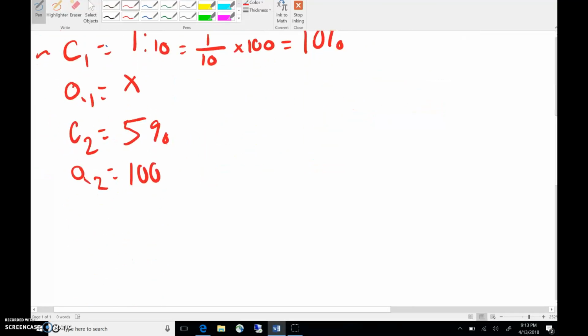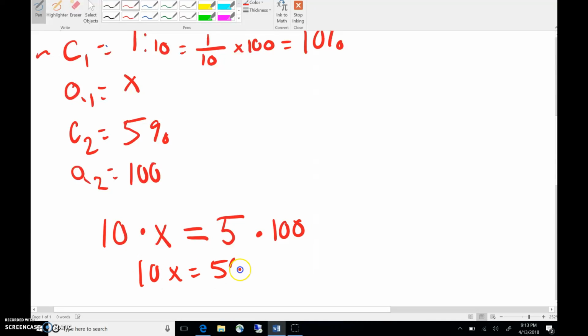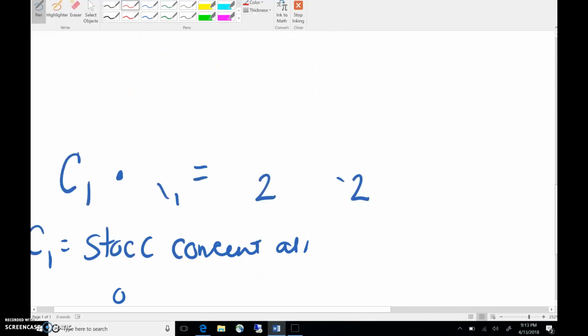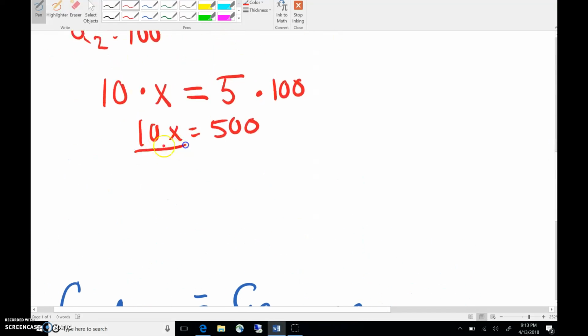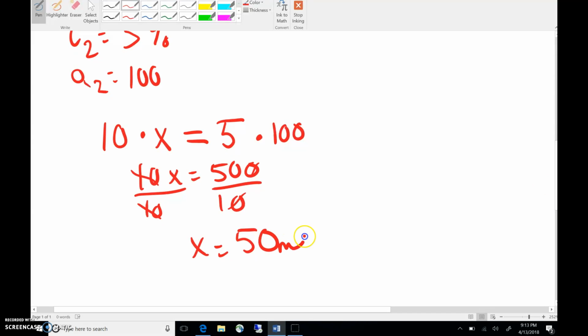Now you can solve the problem. Your C1, which is 10, times your Q1, which is X, equals your C2, which is 5, times your Q2, which is 100. So that's 10X equals 500. You divide both sides by 10, and X equals 50 milliliters.